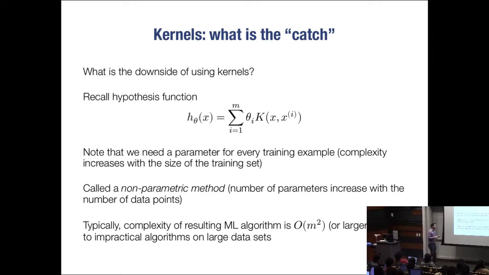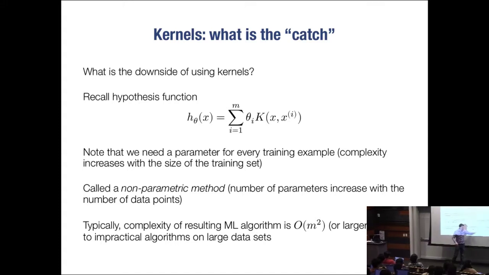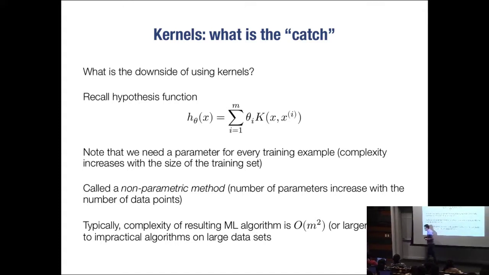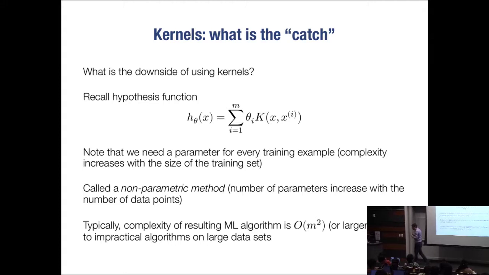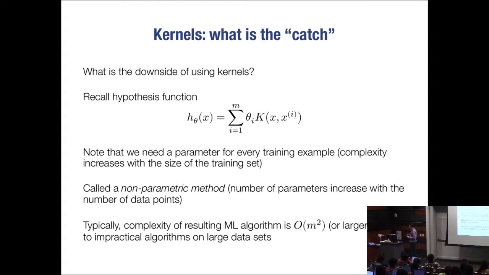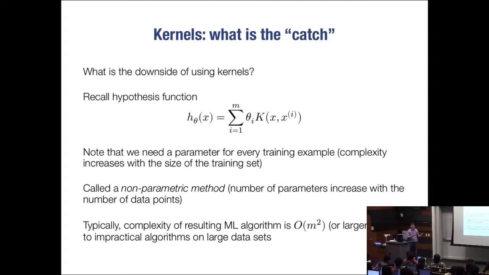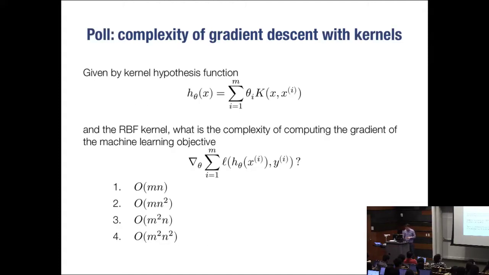There are ways around this, and people here have worked on ways to approximate this with sampling, and you can get some very nice methods for doing that, but ultimately this does seem to be a downside to a lot of these methods. They just don't have the representational capacity that you want when you have to limit them to not being overly complex. Okay, so with that being said, let's look at one of those cases.